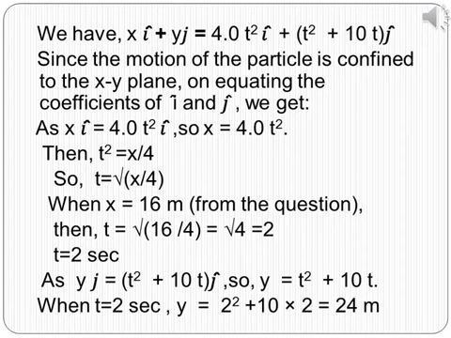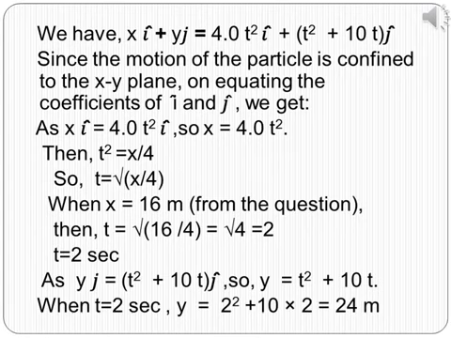Since the motion of the particle is confined to the xy plane, on equating the coefficients of i cap and j cap, we get x i cap is equal to 4t square i cap, so x is equal to 4t square. Then t square is equal to x by 4, so t is equal to square root of x by 4.